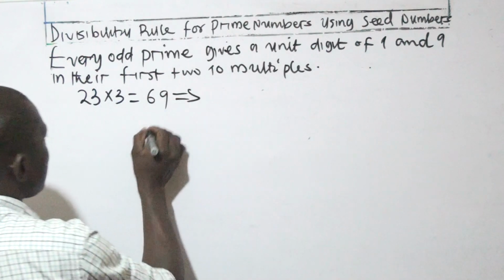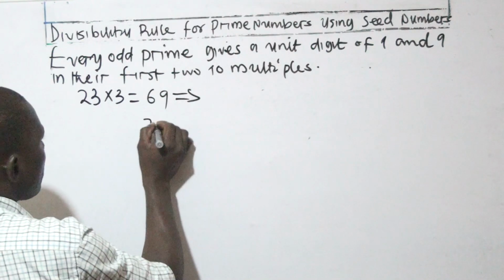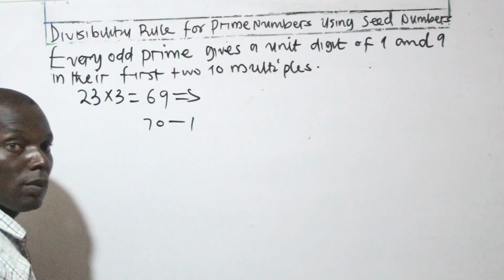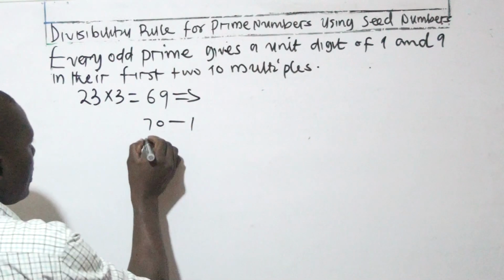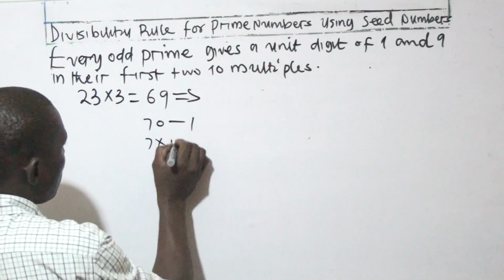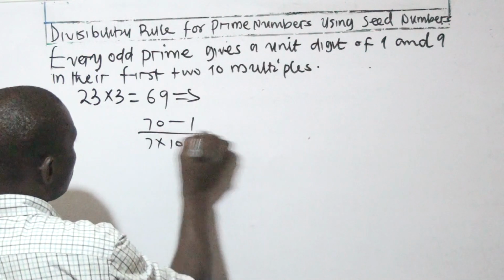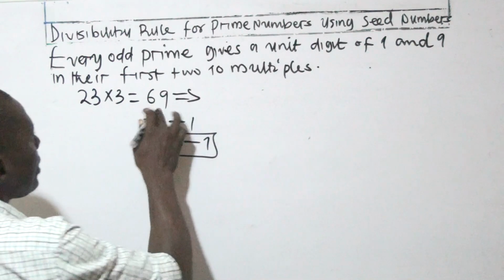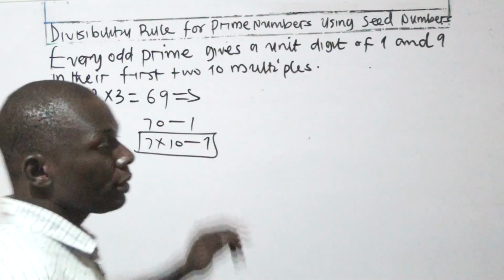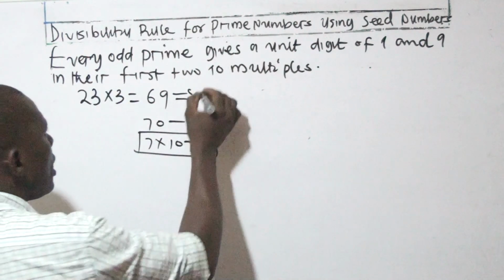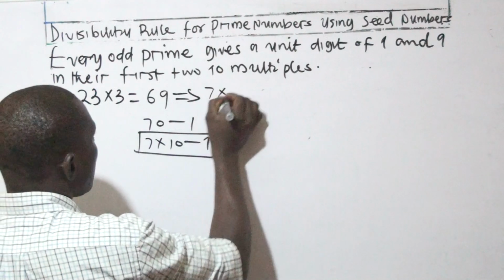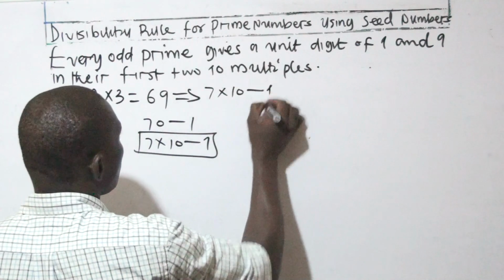Our 69 is the same thing as 70 minus 1, and this is 7 times 10 minus 1. So we replace 69 with 7 times 10 minus 1.